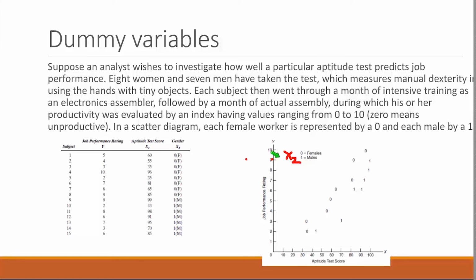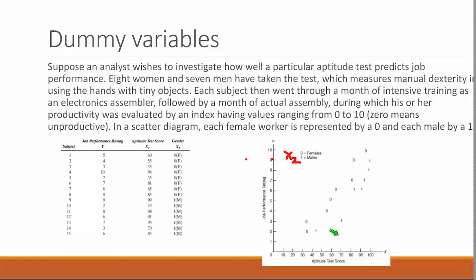Okay? And also look at the scatter plot, as mentioned in the question, zeros represent women and ones represent men. Apparently, at least in this diagram, we can tell in general, the zeros are higher than the ones.